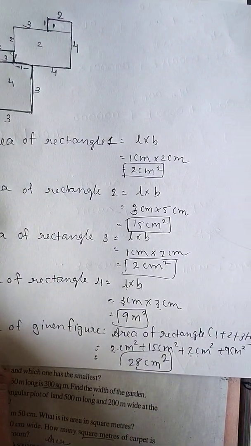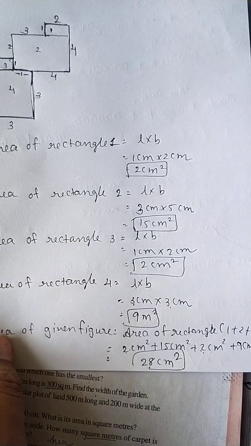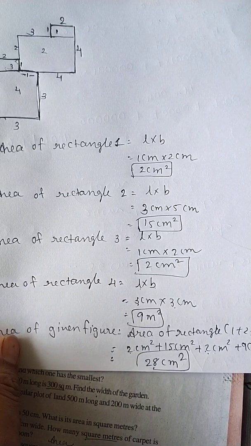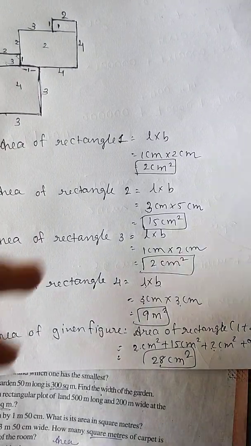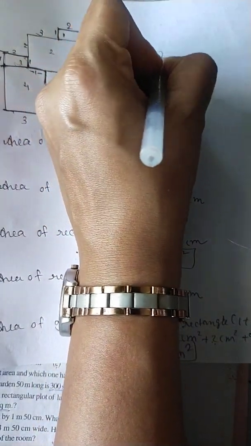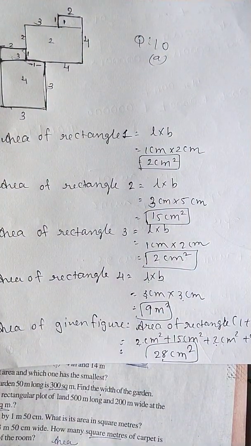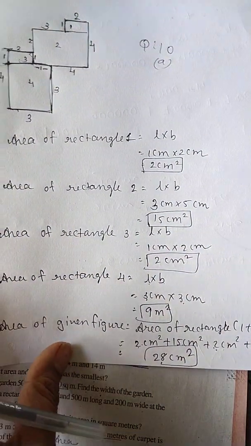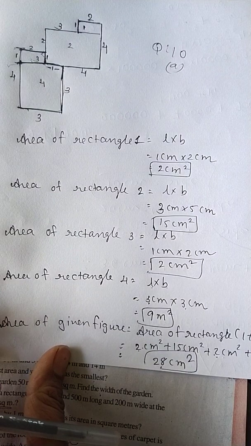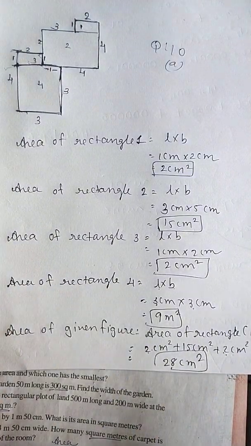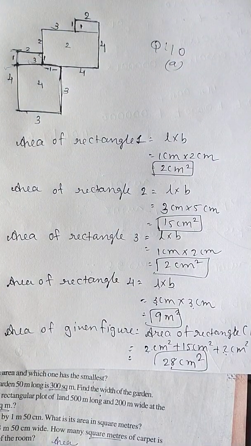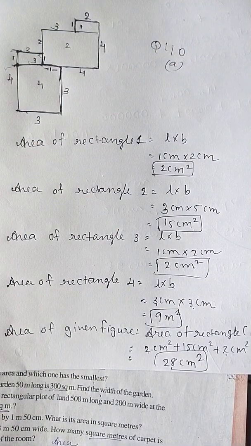So this way students, you have to write in your notebook nicely. This is the answer to question 10A. Understood? So please students, write nicely in your notebook. Just one thing you have to remember, you have to split given figures into rectangles.